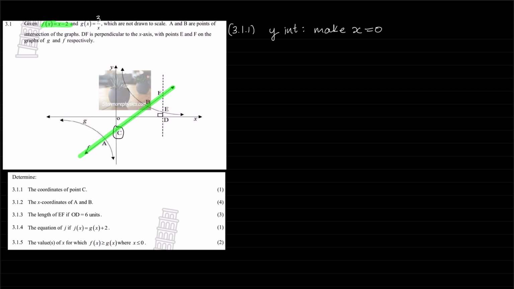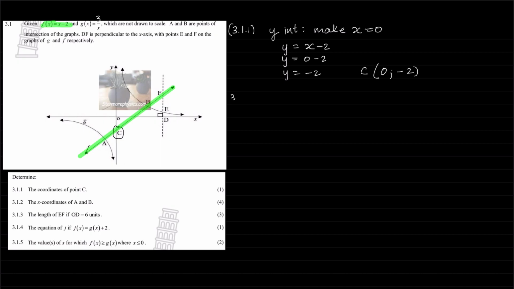So if our equation is y equals x minus 2, then y equals 0 minus 2. That means y equals negative 2. Since they want a coordinate, you write it in coordinate form. C is going to be 0 and negative 2.